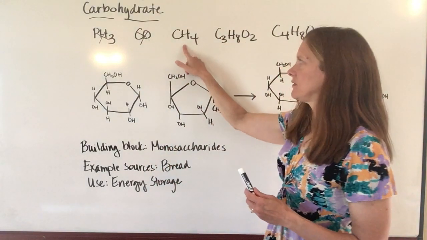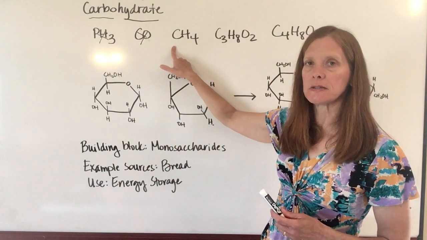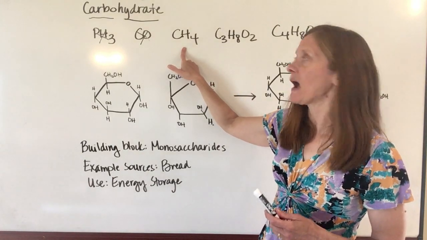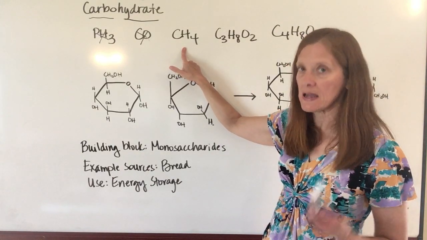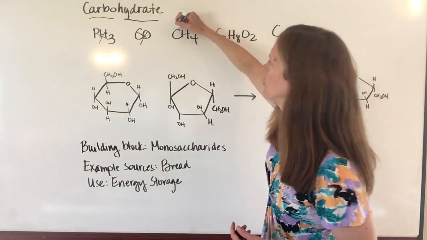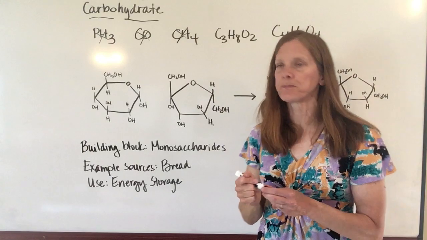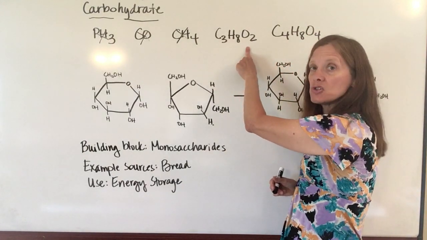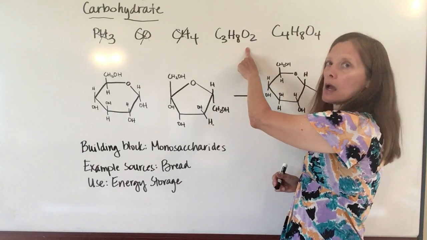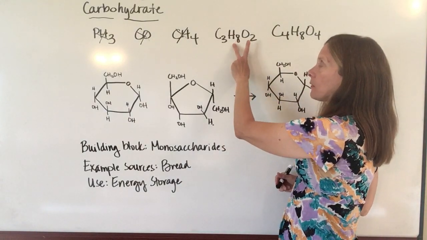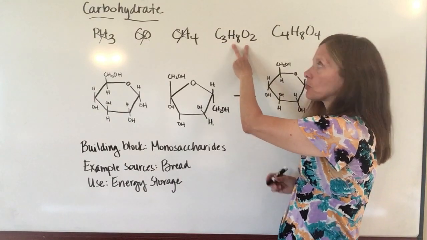How about this one? This one has hydrogen and it has carbon. Well, what's the problem with this one though? Yeah, this one's missing oxygen. It's got to have carbon and hydrogen and oxygen in order to be a carbohydrate. So this is not a carbohydrate either. How about this one? This one has carbon and hydrogen and oxygen. Is this a carbohydrate? Well, in order for it to be a carbohydrate, the hydrogen and oxygen have to be in the right ratio.